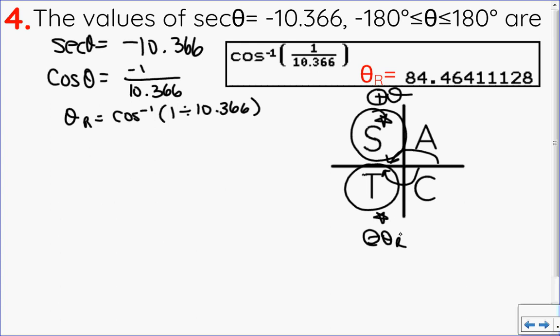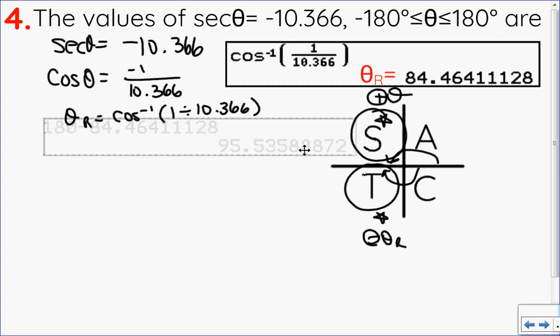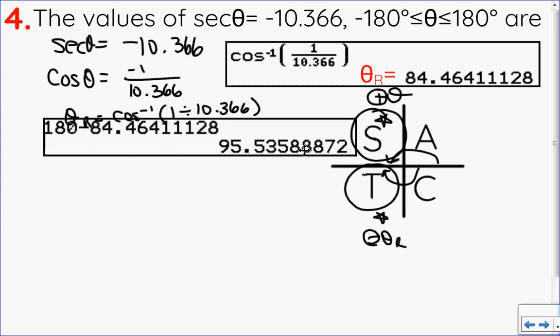So to figure out what those are, in quadrant number 2, I haven't made it to 180. I'm short 180. I go backwards from 180, approximately 84 degrees. So what I'm going to do is just subtract, 180 take away 84, and I get that my first angle is 95.5.